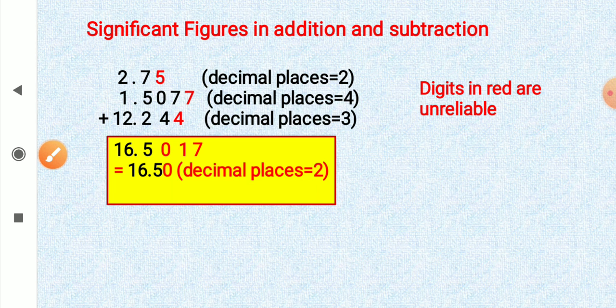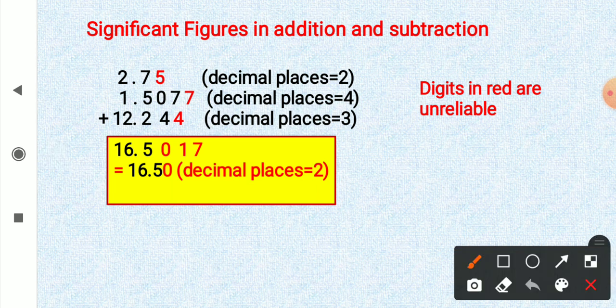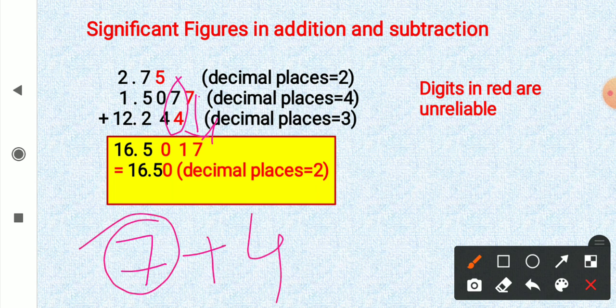Okay. Now simple addition. When you add, this 7 comes as it is, not reliable. Then when you add 7 and 4, you know that 7 is reliable, you are sure about 7, but 4 is not reliable. So the sum of these two will also be not reliable. And 7 plus 4 is 11. So this one is not reliable, and take 1 as carry and you get 6 plus 4, 10.